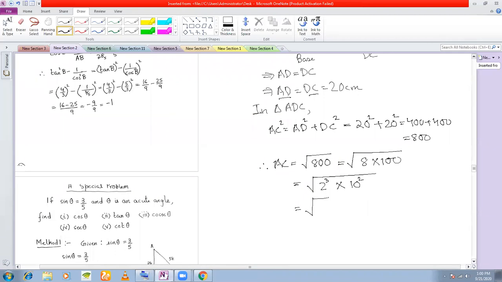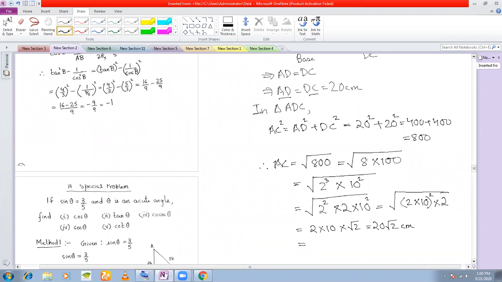Now 2 cube can also be written as 2 square into 2, into 10 square. Now both the squares you combine, 2 into 10 whole square into 2. So what you ultimately get here is 2 into 10 into root 2. So you're getting 20 root 2 centimeters. This is the length of AC.